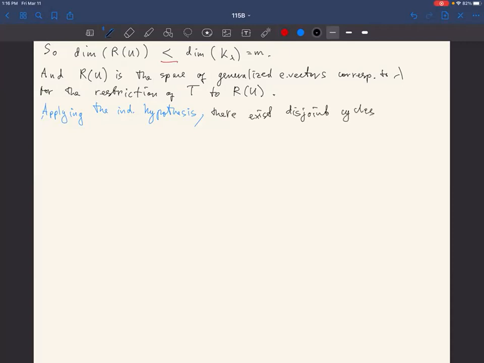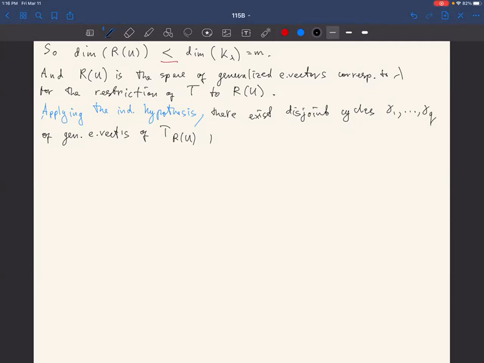Let's denote them as gamma 1 through gamma q for some finite number q. So there exist disjoint cycles of generalized eigenvectors of this restriction, so of T restricted to the range of U. Moreover, since they are generalized eigenvectors of T restricted to some subspace, they're also generalized eigenvectors of T itself, of course.